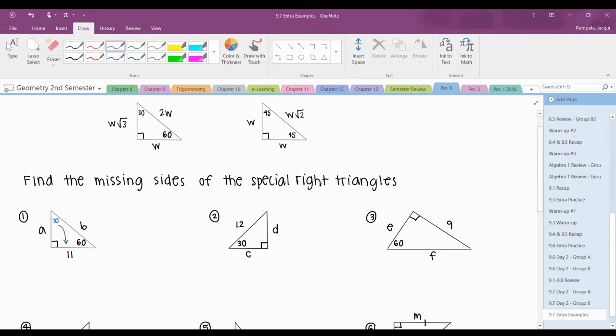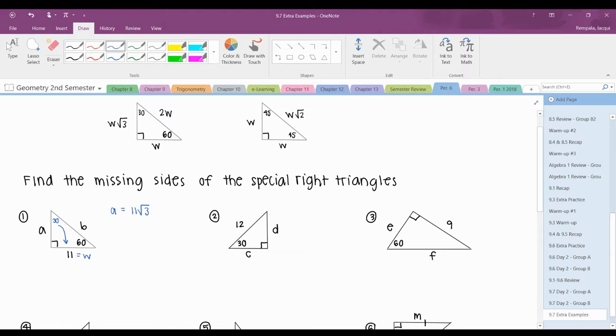That's always the side that we want to find because that's representing W. So right off the bat, they gave me the smallest side, which is excellent, because then if I want to find the side that represents the length of A, well, because that's across from the 60, I need to take my smallest side and multiply it by the square root of 3. So since 11 is the shortest, multiply that by the square root of 3, and we've got our answer for the other leg.